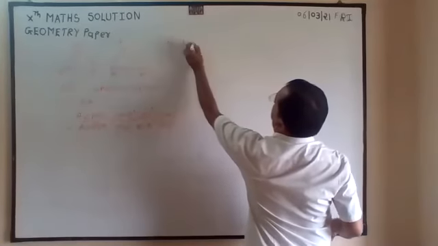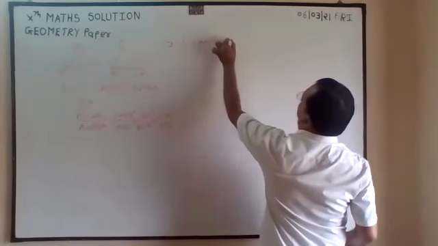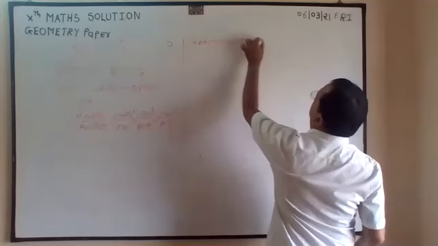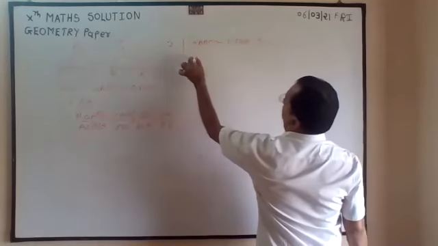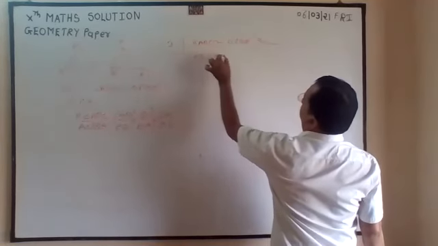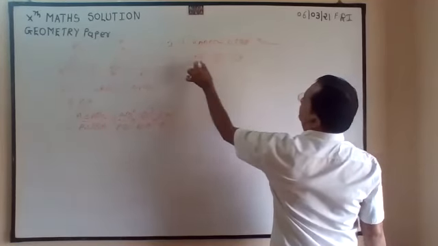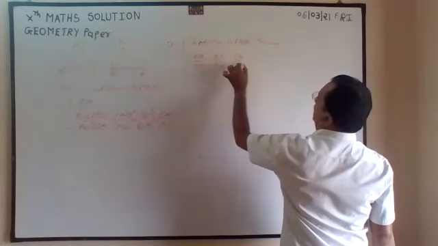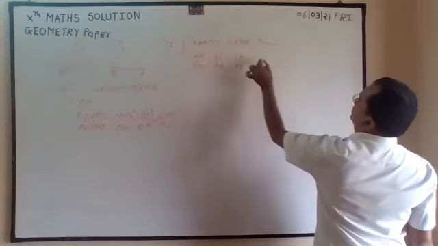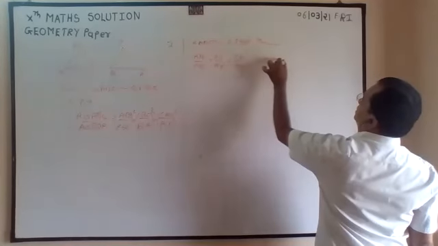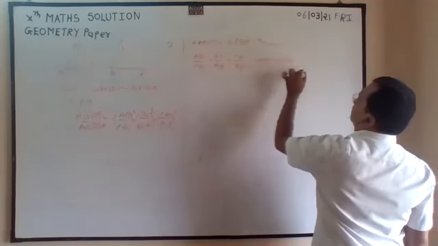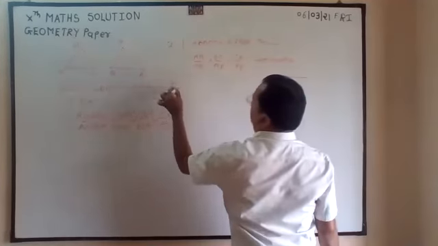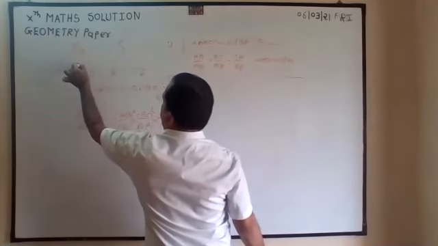Part number 1: triangle ABC similar to triangle PQR, given. Therefore, AB, BC, CA over PQ, QR, RP, because ABC is similar to PQR. Second, construct this.